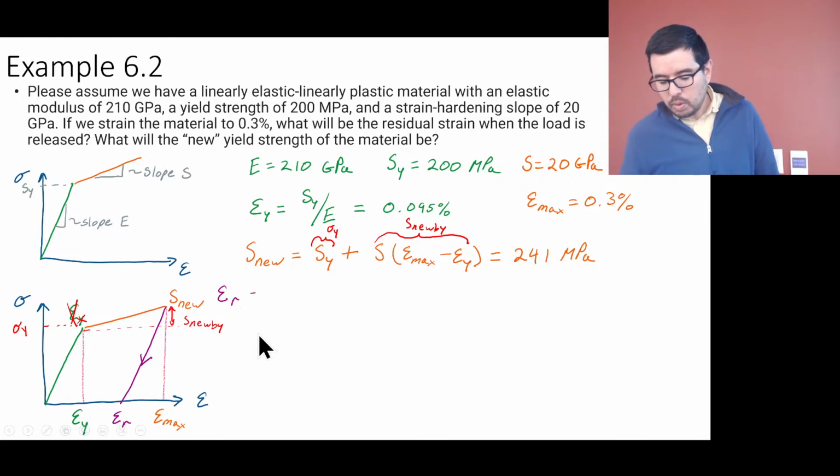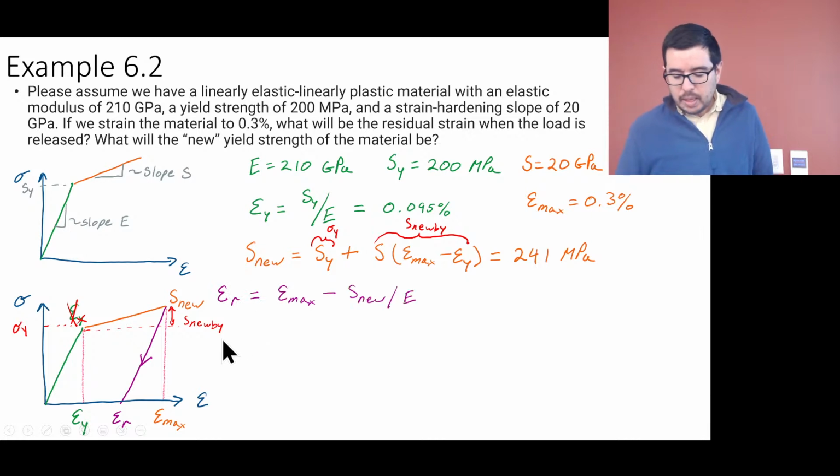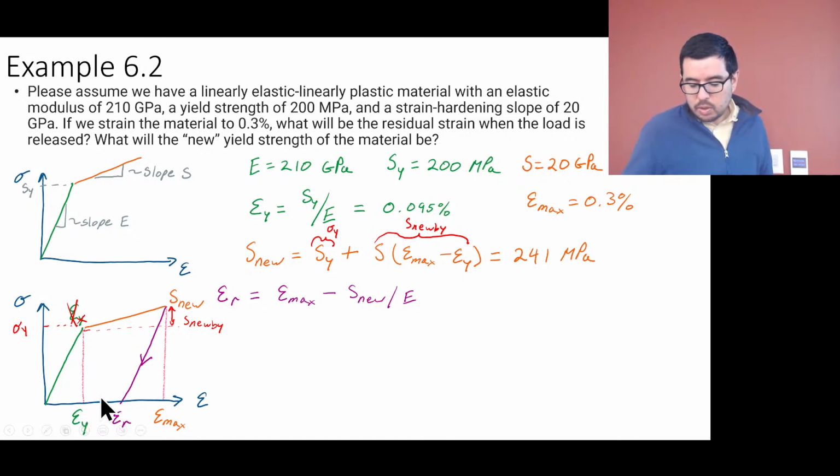So what do we have to do here? We have to figure out where this residual strain is. To do that, we say it's just this epsilon max minus this distance. This distance we can calculate. That's going to be the S nu, not S newbie, but S nu divided by the elastic modulus.